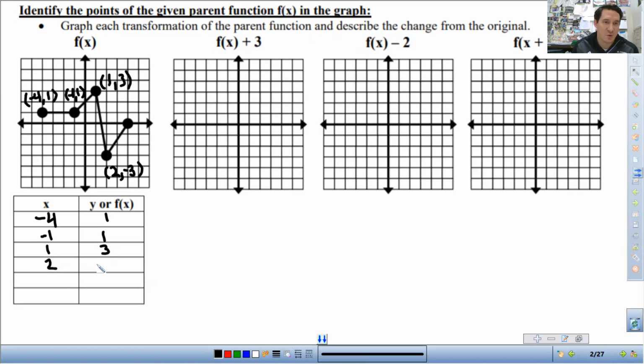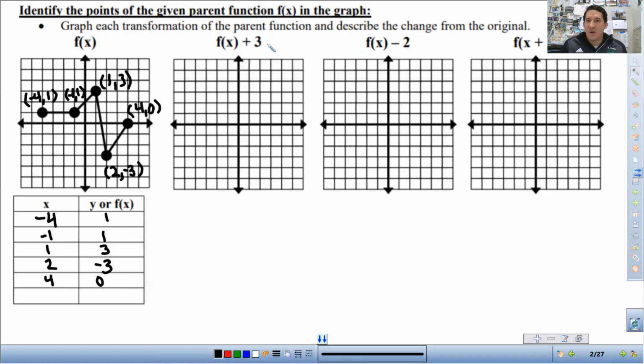So +2, -3. And then this last point is at 1, 2, 3, 4, so that's 4 in the x direction. It doesn't move up or down, so that's 0 in the y direction. 4, 0.